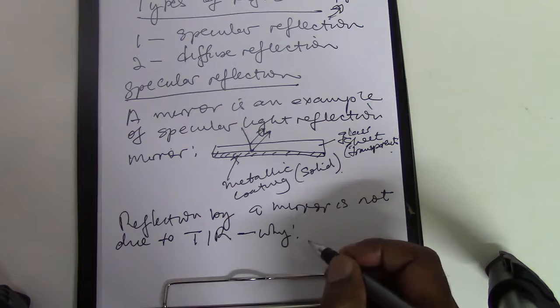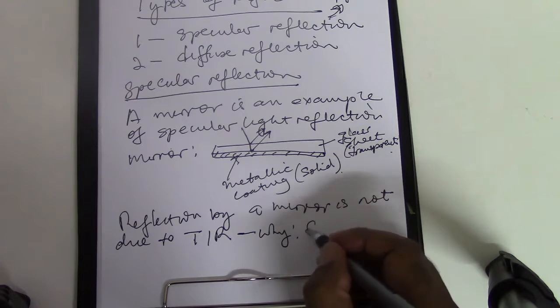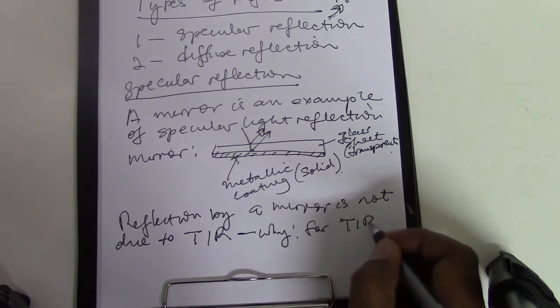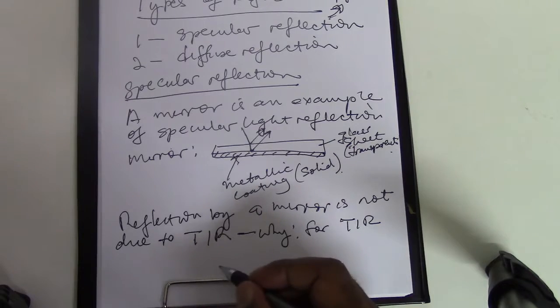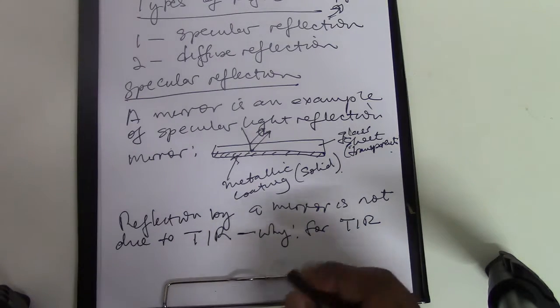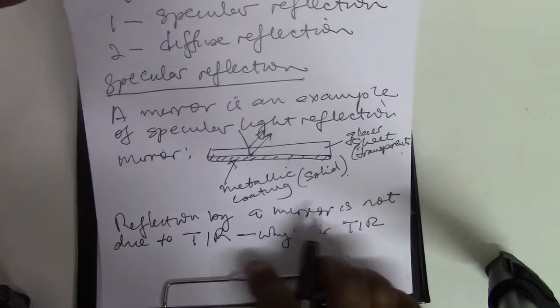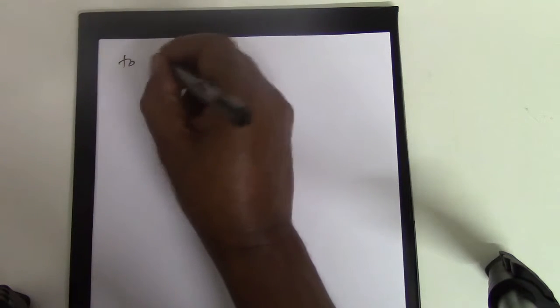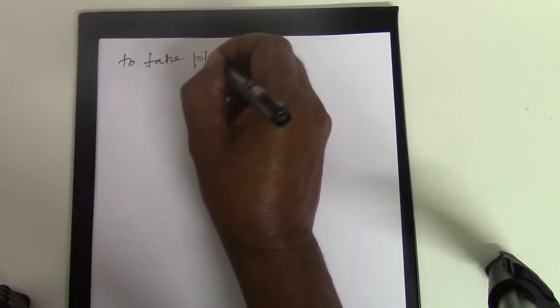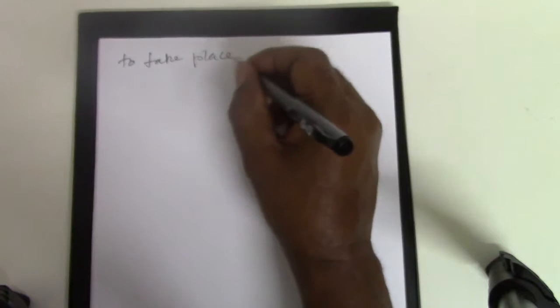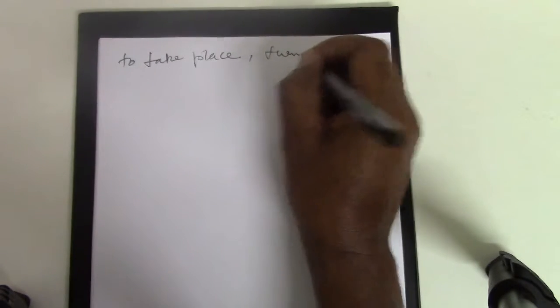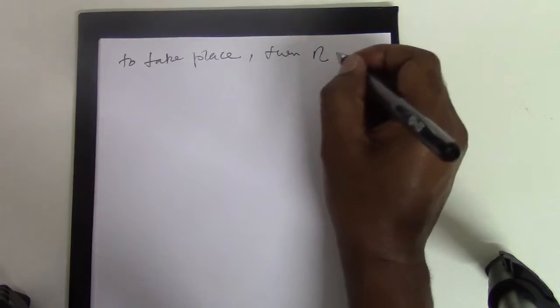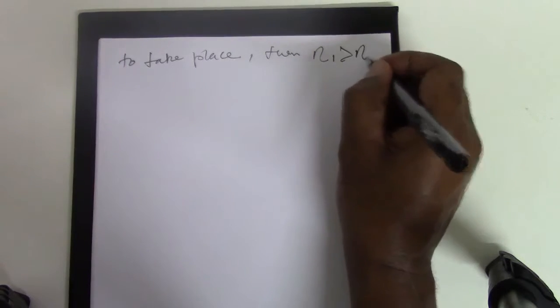Remember, for TIR, total internal reflection, to take place, mu1 is greater than mu2.